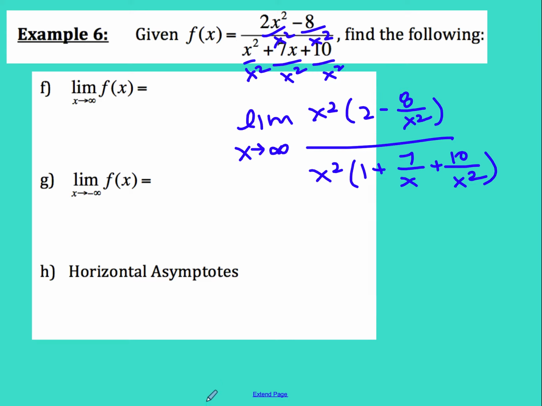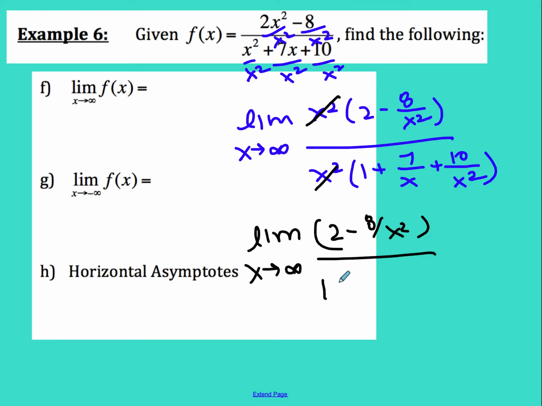Before I jump to that, let's cancel out our x squareds. So I got my limit as x approaches infinity of 2 minus 8 over x squared, all over 1 plus 7 over x plus 10 over x squared. Now every time we have a number over an x to any power, that approaches 0.